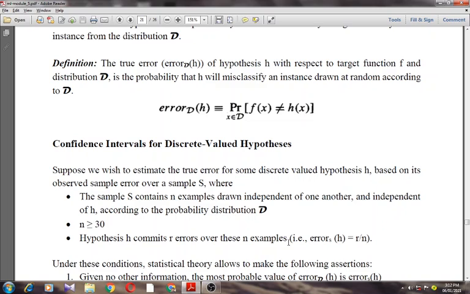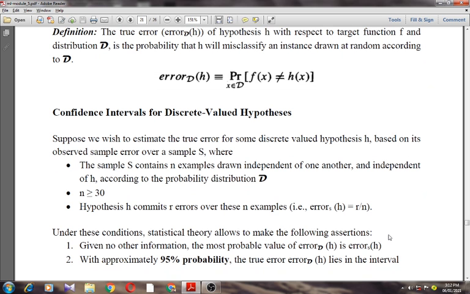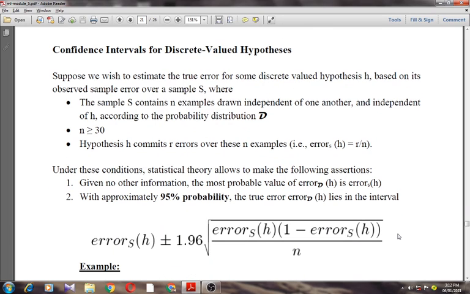Then hypothesis H commits R errors over these n examples, that is error S of H is equal to R by n. Under these conditions, statistical theory allows us to make the following conclusions.